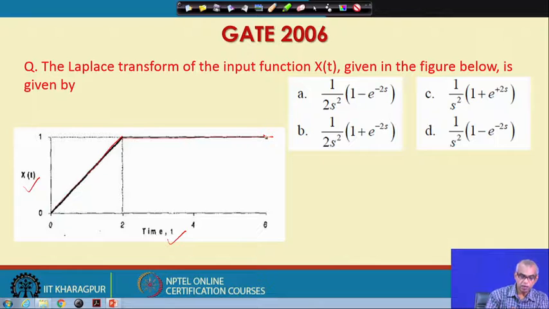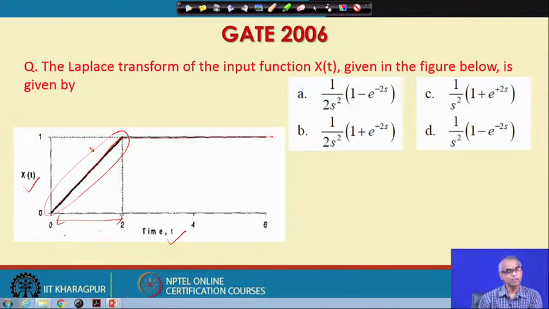So, for t equal to 0 to 2, this is x t, which is an equation like y equal to m x. Then, for time t greater than 2, this is what describes x t, which is nothing but a line parallel to x axis.